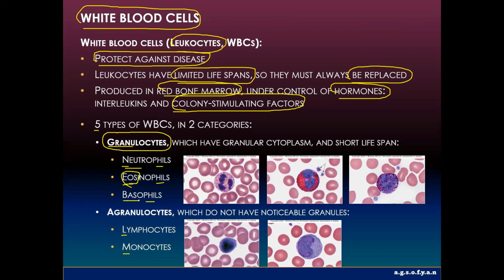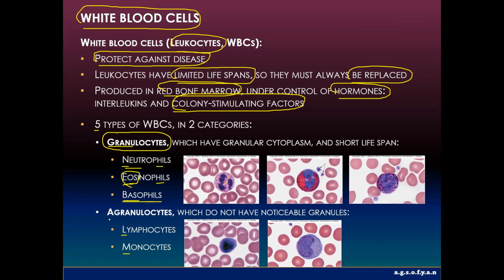And then baso means blue, so basophil will carry blue granules. So as you see over here, it carries blue granules and causes the cell to look all blue in color. You don't really see the nucleus because the nucleus color under the microscope is also blue. So it's covered by this blue granule for the basophil.